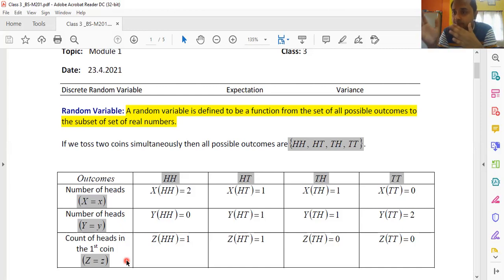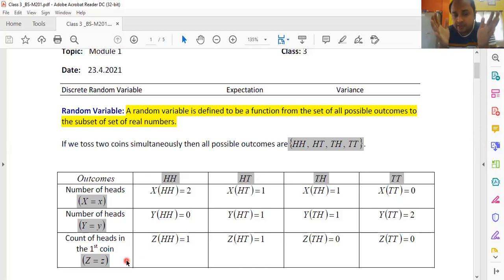These real numbers I'm considering are discrete, no real numbers are lying in between them. So I'm considering these three discrete real numbers, 0, 1, 2 for the first two cases and 0, 1 for the third case. Obviously, the set 0, 1, 2 is a subset of the set of real numbers, and the set 0, 1 is also a subset of the set of real numbers.